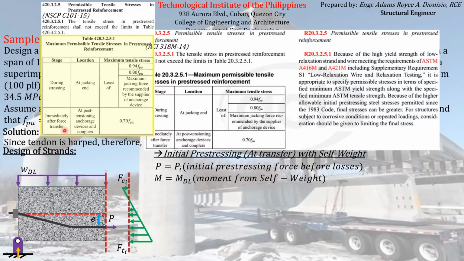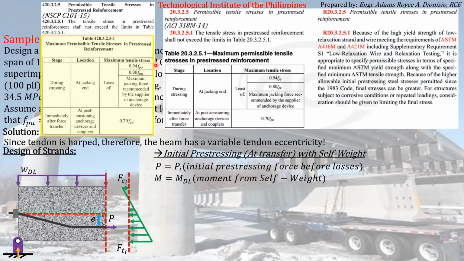And you can see also a similar table on ACI 318M-14, section 20.3.2.5, which is this. So that will be our guide for us to be able to find how many strands will produce the initial pre-stressing force that we have computed a while ago.